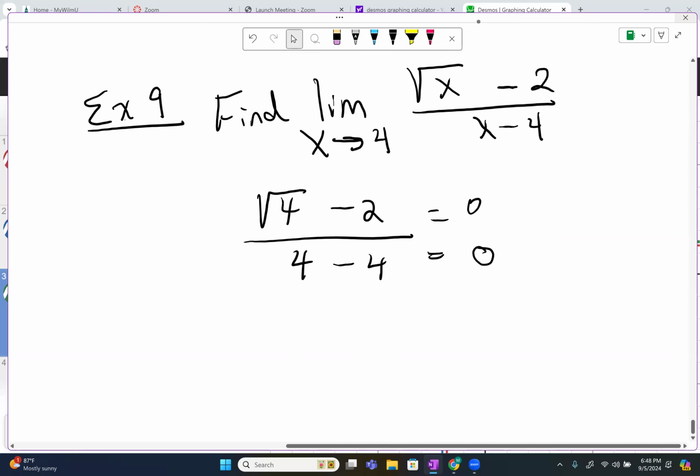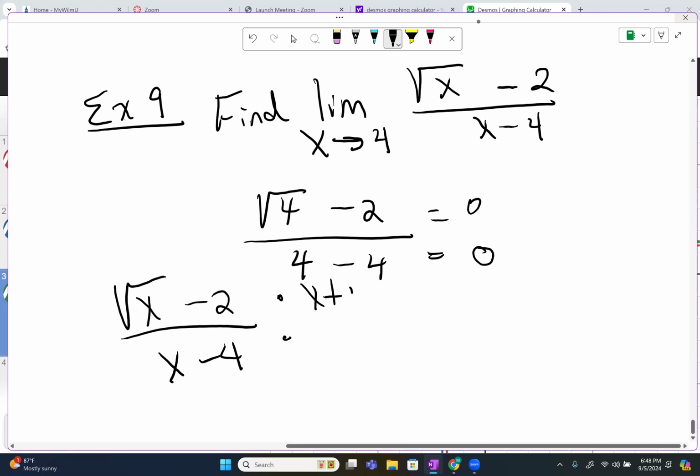rule? Since this is square root of x minus 2 over x minus 4, we multiply top and bottom by x plus 4.